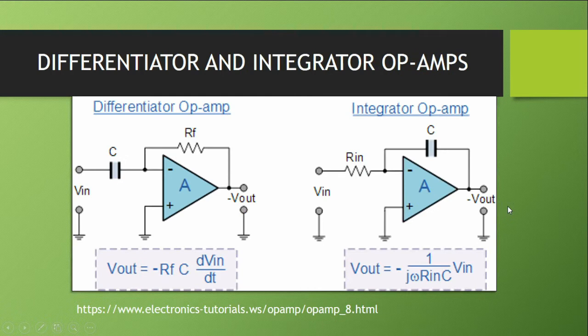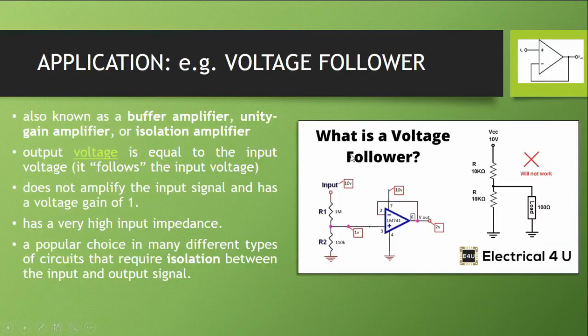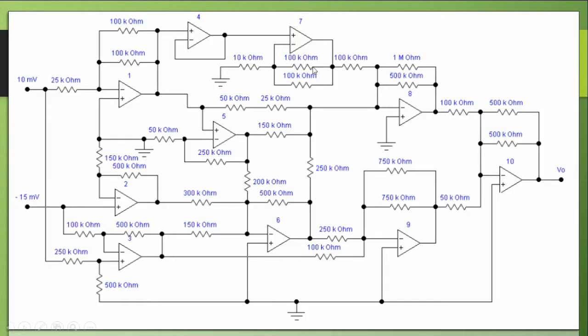Now, if it involves capacitances and inductors, we did not show the inductor here, but if it involves capacitors, it will be a different Vout already. We have a differentiator op amp and an integrator op amp, but we will not use those in our analysis with this circuit because, as we can see here, there are no capacitances.